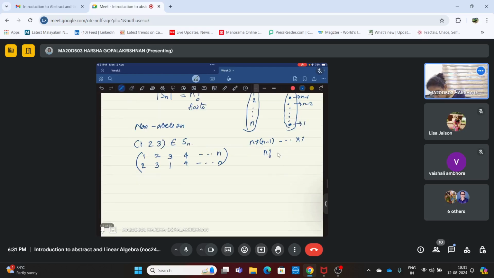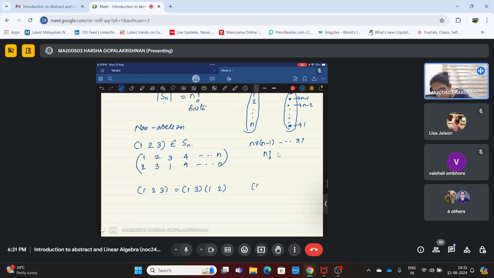Now (1 2 3) I can write as a product of transpositions (1 3)(1 2). Both (1 3) and (1 2) come from Sn. What is (1 3)? 1 goes to 3, 3 goes to 1, and all the remaining elements are fixed. Similarly (1 2). In the same way I am taking (1 3 2).